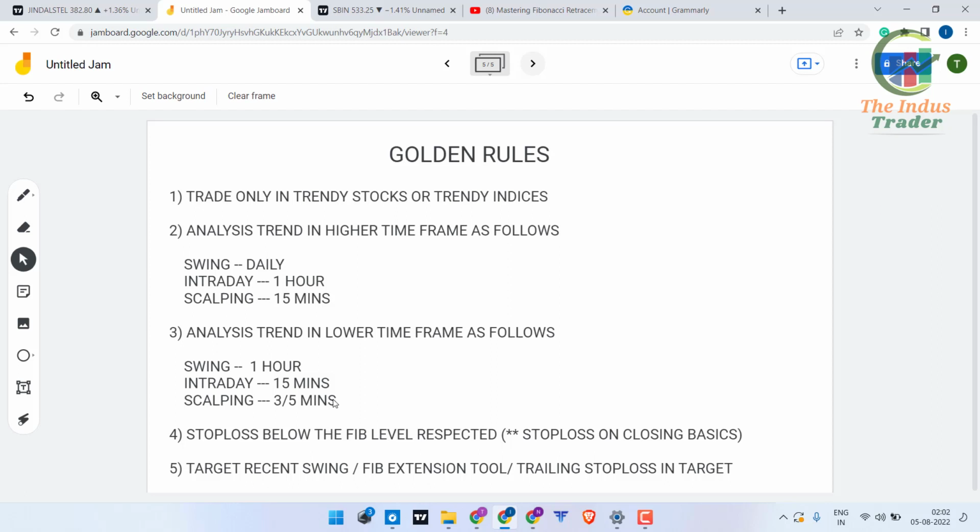And I have already mentioned, closing basis: if a candle closes below that, then only we will exit from the trade, or else we keep holding the trade. So I hope you have also got clarity about stop loss.